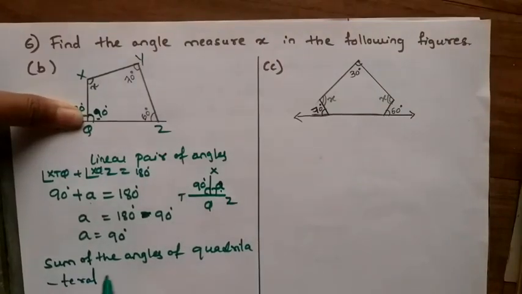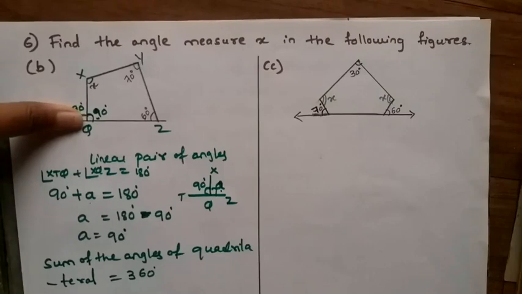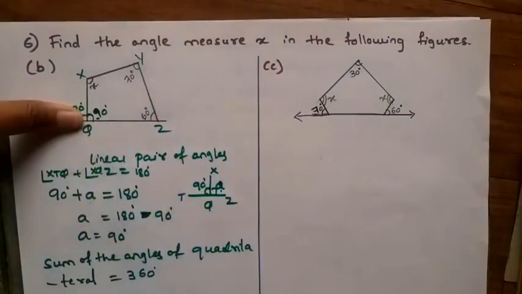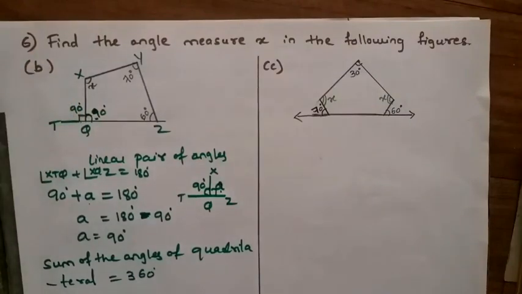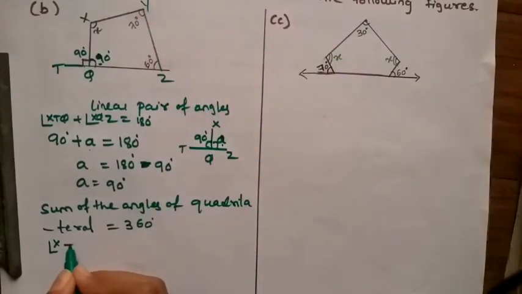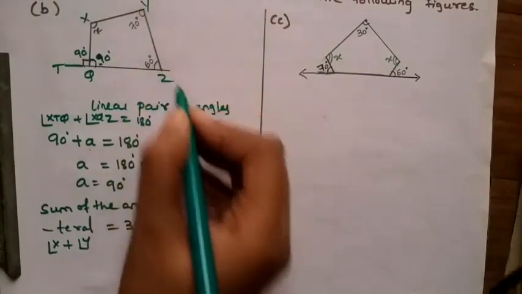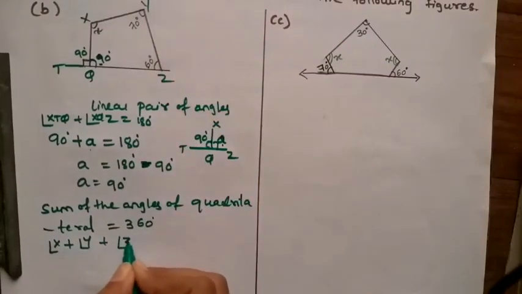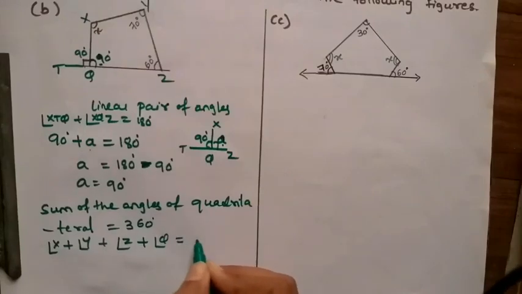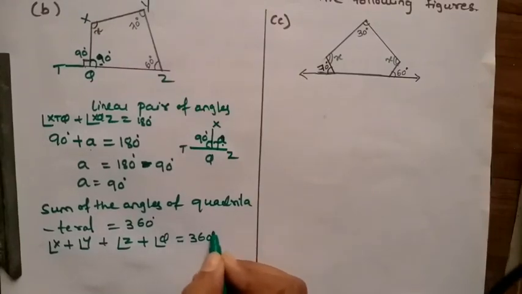The sum of the angles of a quadrilateral is equal to how much here? 360 degrees. Total how many angles are there? X, Y, Z, Q. Here the sum of the four angles: angle X plus angle Y plus angle Z plus angle Q is equal to 360 degrees.